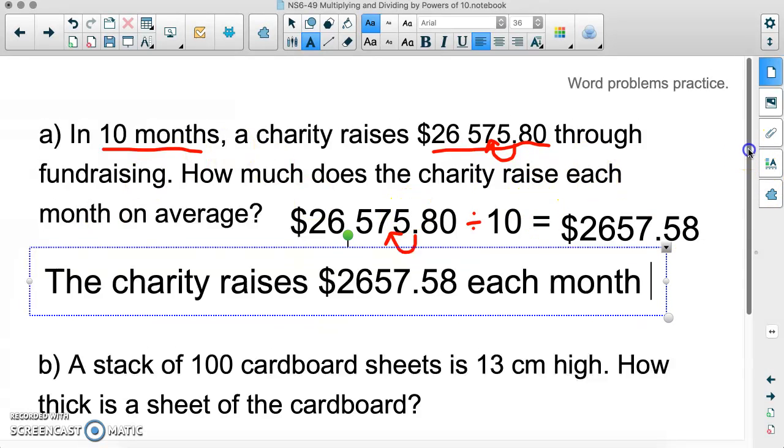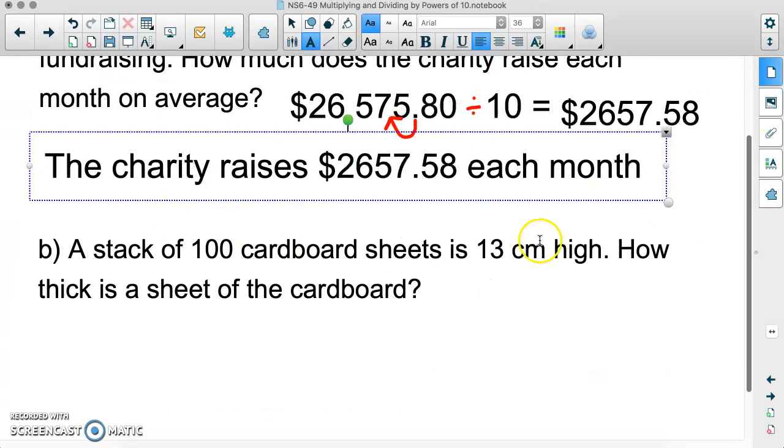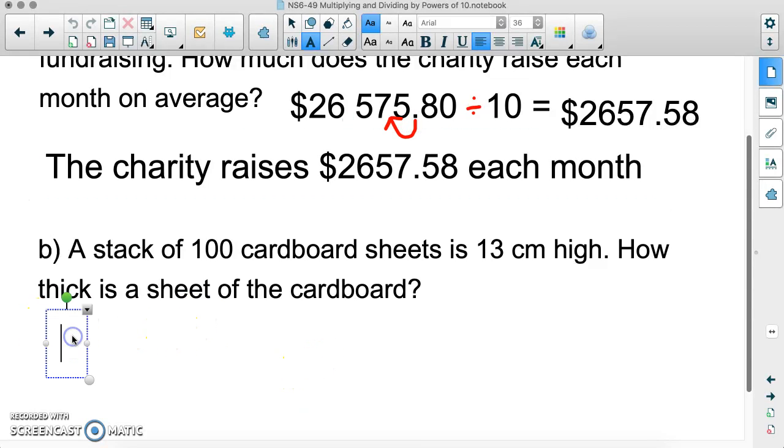Let's look at B. A stack of 100 cardboard sheets is 13 centimeters high. How thick is a sheet of the cardboard? Okay, so there's 100 sheets. It's 13 centimeters high. How thick is one sheet of cardboard? So again, I need to divide. So I'm going to start with 13. I'm going to divide by 100. What is that going to equal?